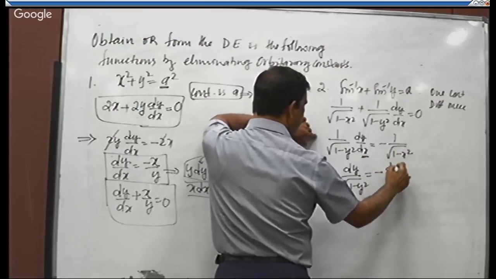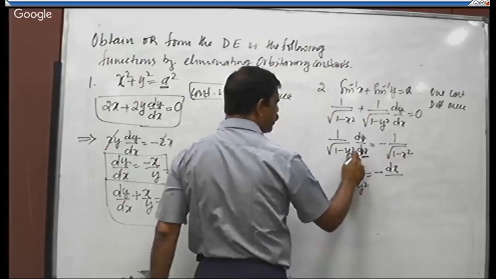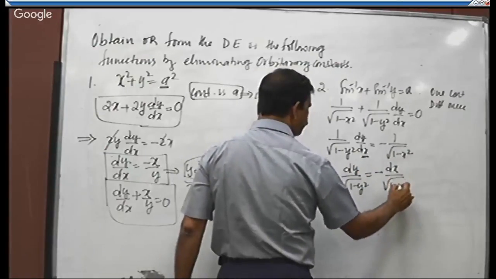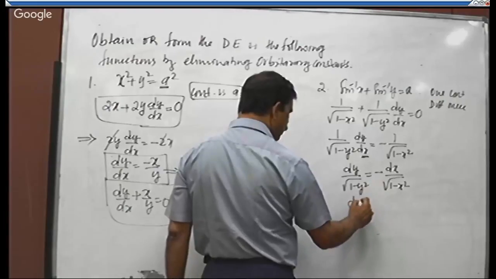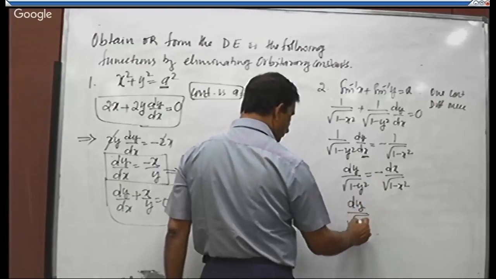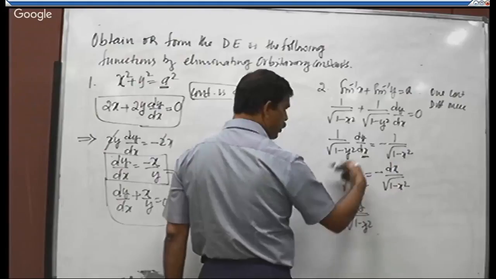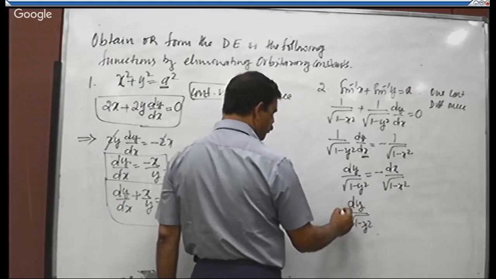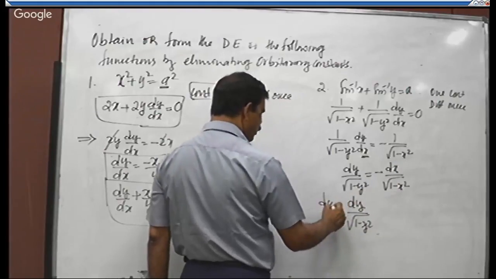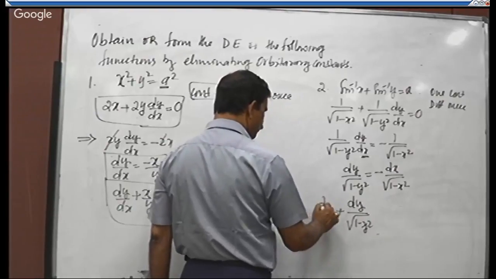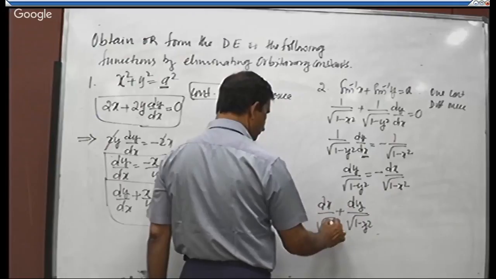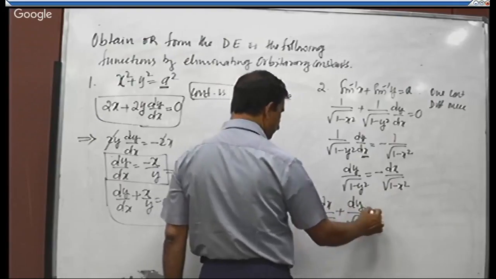So it goes to numerator, because here it is in the denominator, 1 minus x square. So this is also a differential equation. Or send that to the left side, so it is plus dy by dx divided by root of 1 minus x square is equal to 0.